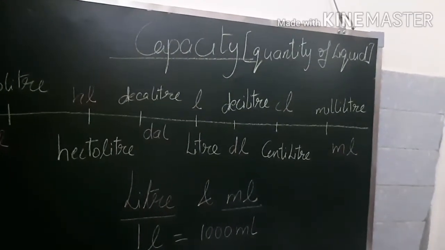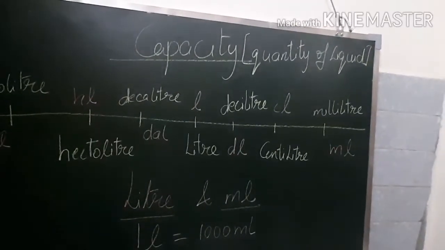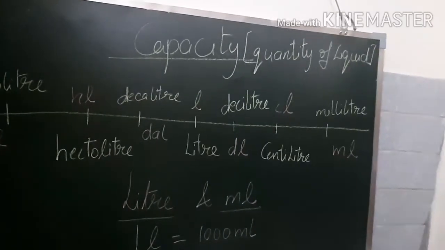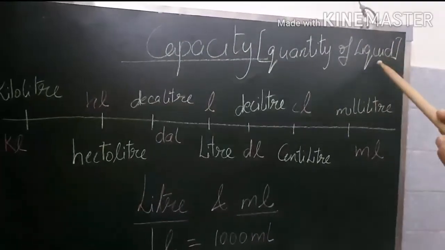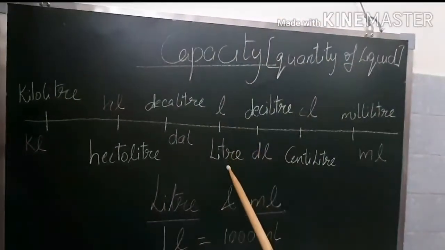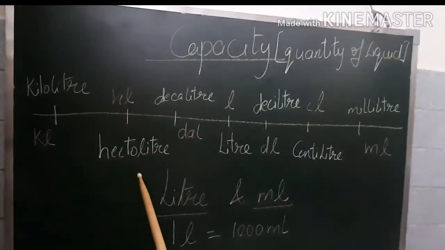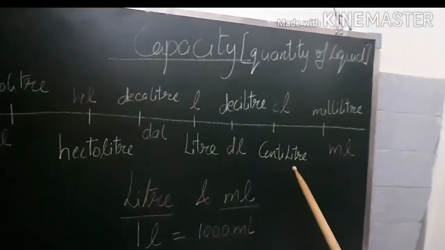Then when we want to find the weight of solid things, we use kg, grams, milligram. Now, as we are going to find quantity of liquid, we use liter, milliliter, kiloliter, hectoliter, decaliter, deciliter and centiliter.